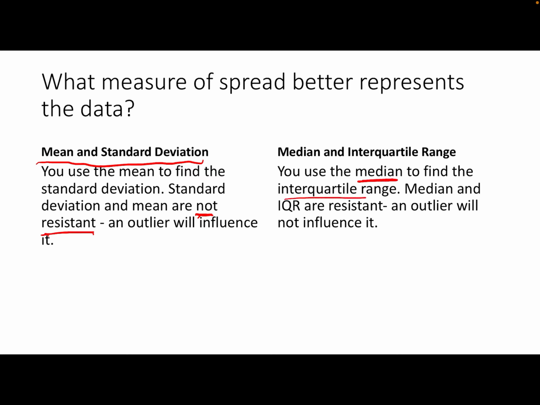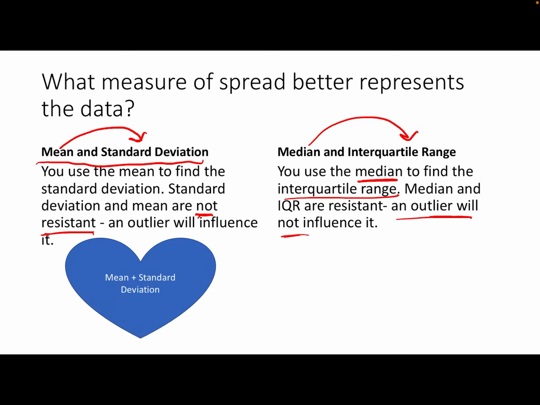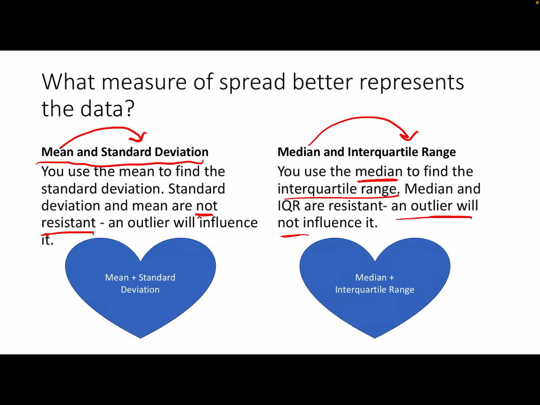You use the median to find the IQR, and they're resistant because that outlier will not influence it. So you would not use mean and interquartile range, and you would not use standard deviation with median because you don't use those to help find the other one. You use mean to find standard deviation, and you use median to find interquartile range. So you can think of it as they always go together.